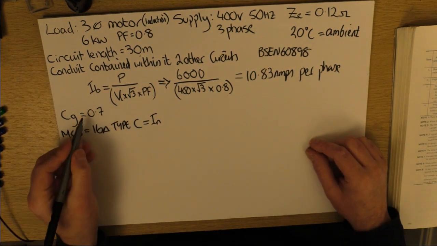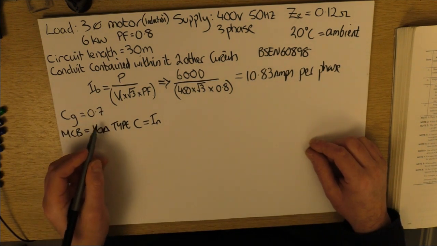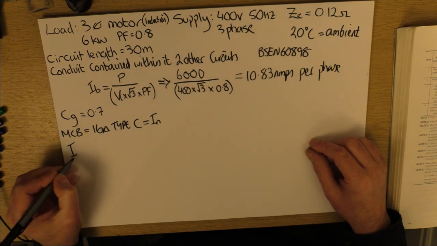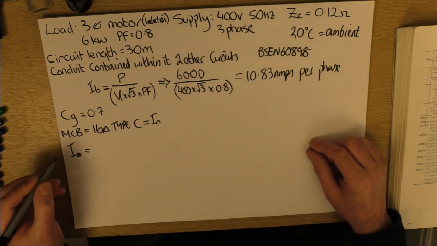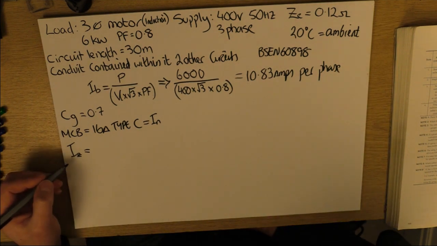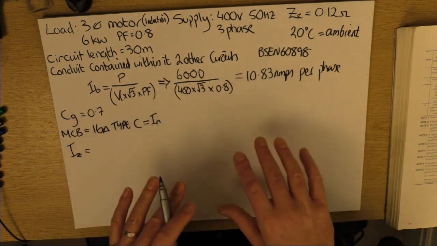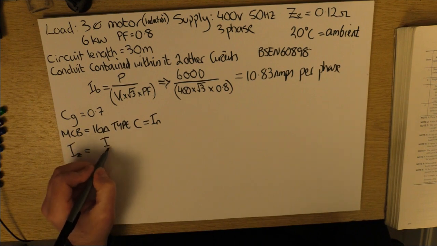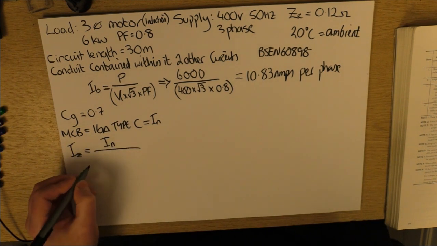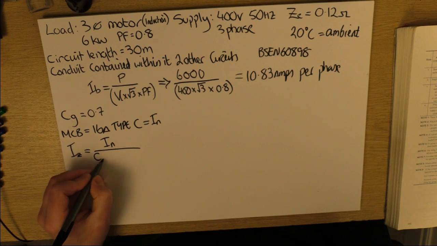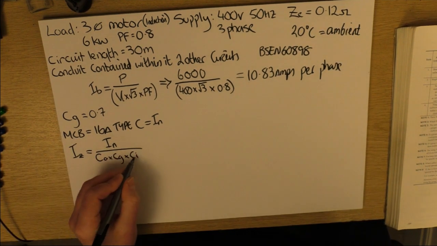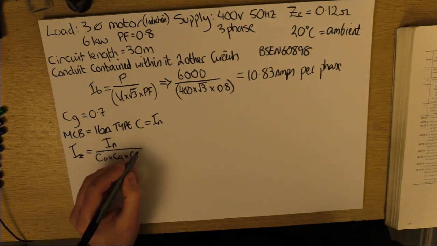But now we need to apply these grouping factors with this, and that's where the IZ equation comes in. Now IZ is the amount of current our cable needs to be able to carry with all of the kind of installation methods in mind. And so to get that, our equation would be IN divided by any factors that apply. So there could be an ambient factor, you could have a grouping factor, you could be going through some insulation, there's factors for that.